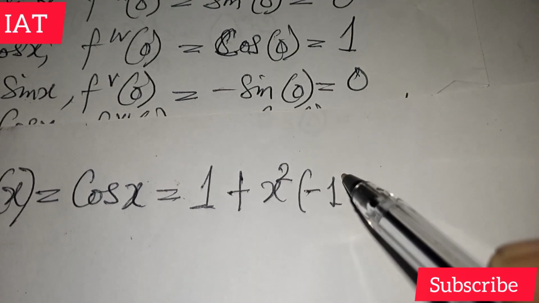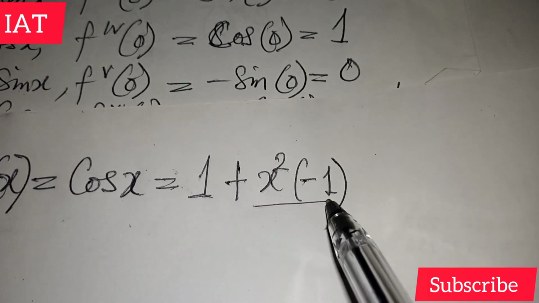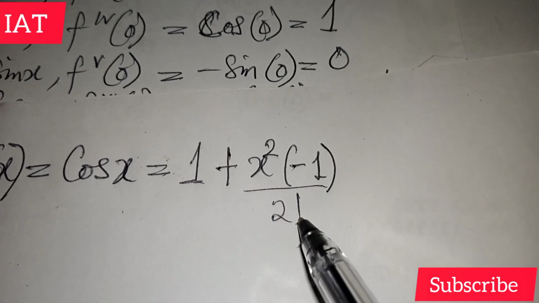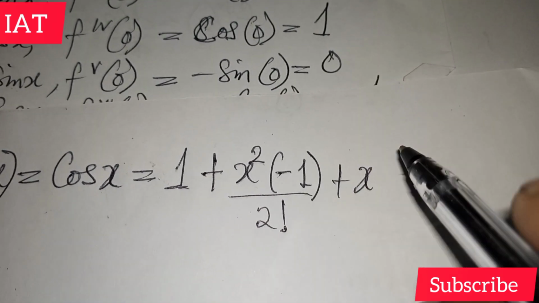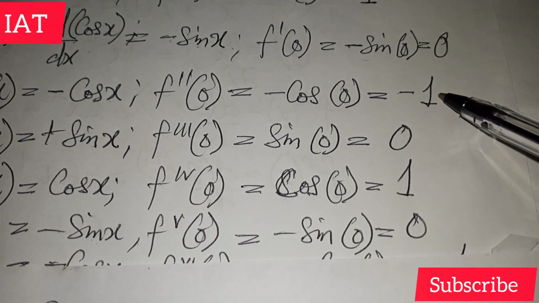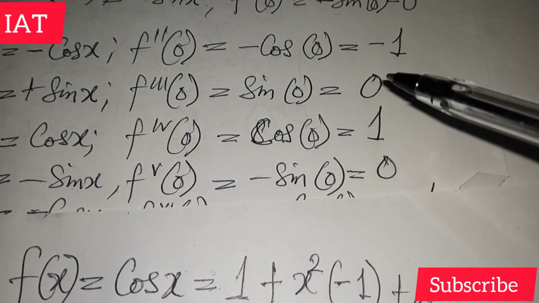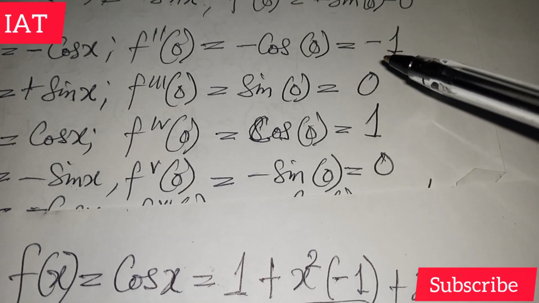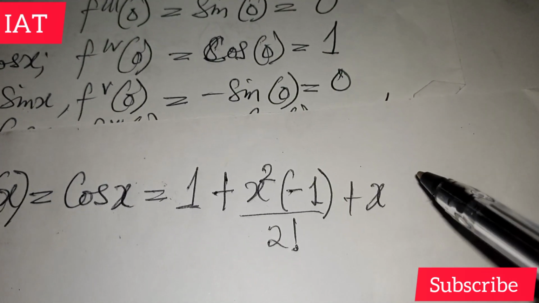Alright, so we have here minus 1, and then the next one, remember we have 2 factorial here, plus we have the third derivative to be 0, and because it is 0, the whole of that parameter x cube will turn to 0, so we just ignore that. The next one we have is 1, that's for x to the power of 4.